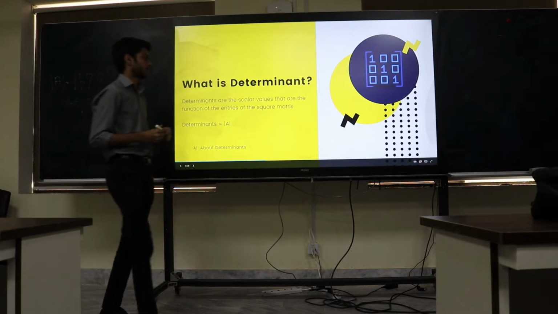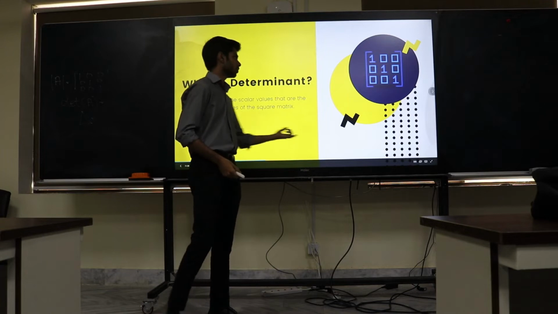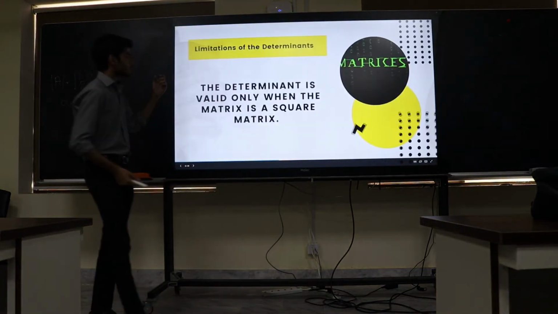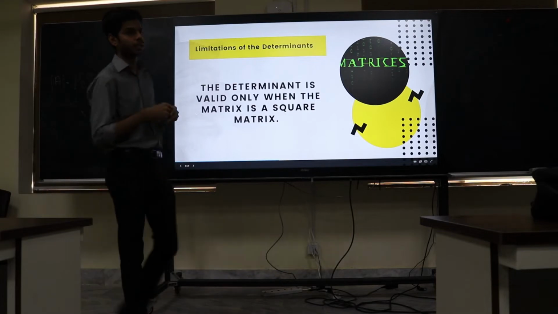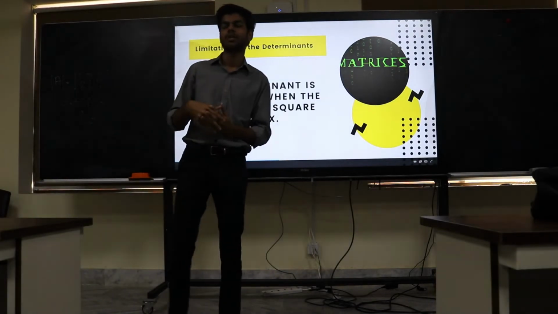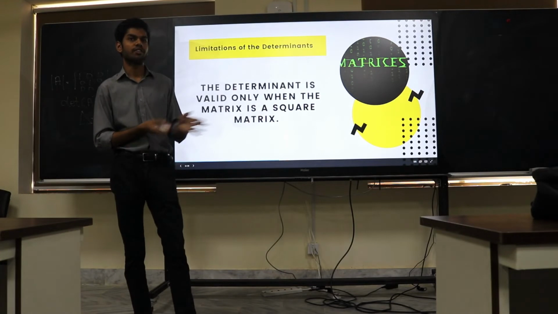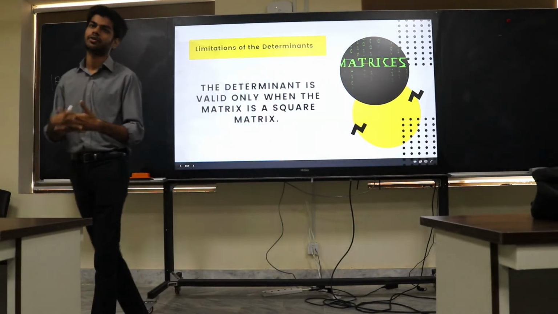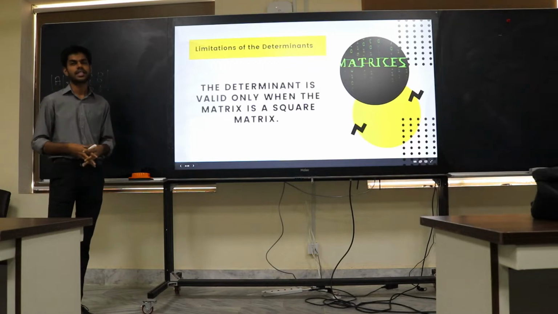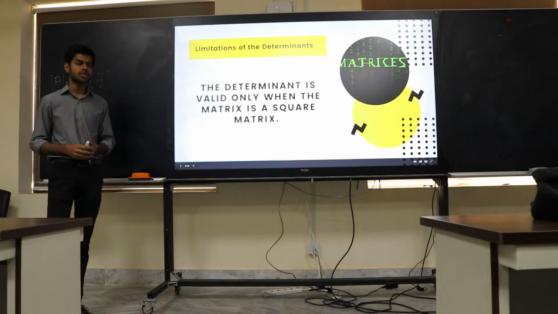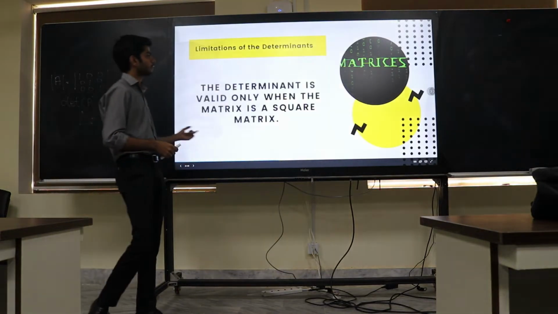So it is this symbolic representation of determinant. There is a limitation for the determinants: determinants are valid only for square matrices. We have discussed what is a square matrix: a matrix of order n by n. I mean to say that it has an equal number of rows and equal number of columns.